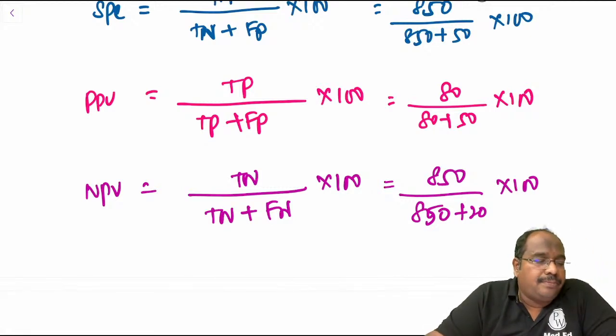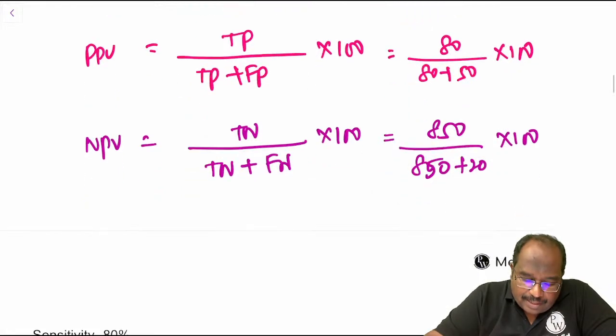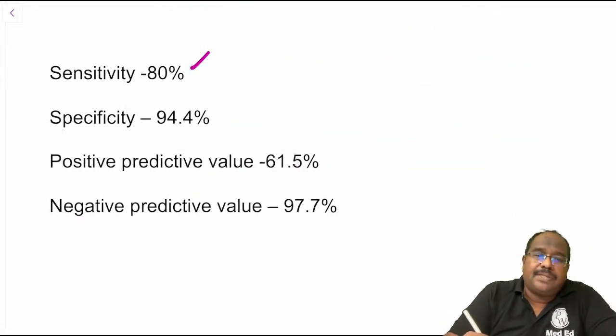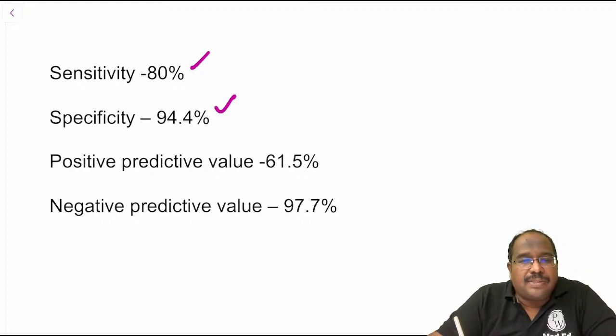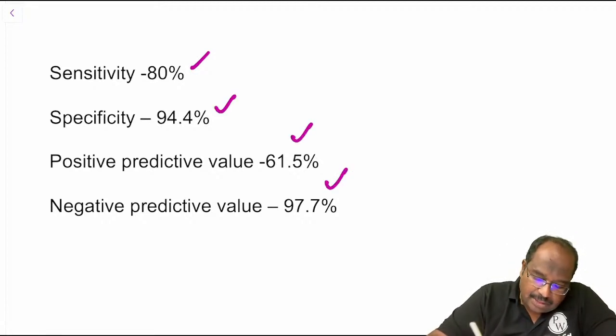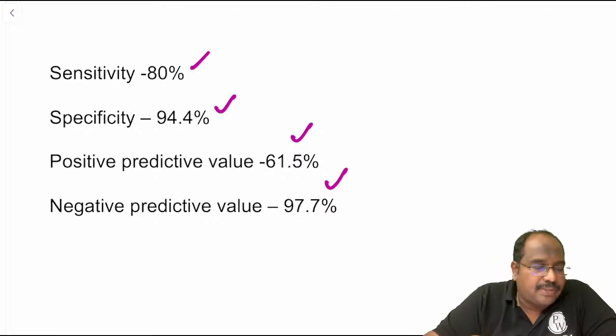So am I clear? Finally, if you do the calculation, this is the answer you are going to get: sensitivity 80%, specificity 94.4%, positive predictive value 61.5%, negative predictive value 97.7%.